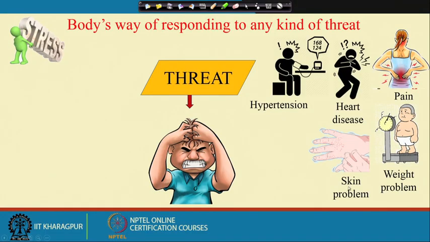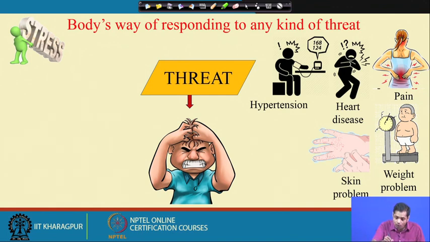But there is another response of the same human body which can be visualized. For instance, if someone is under constant threat, constant load and constant stress, then the health may deteriorate, the blood pressure may increase, the sugar level may increase, the person may experience weight problems. So these are some consequences of that threat acting on the human body, but that response can be measured, can be visualized, isn't it? This is just an example. These are some responses which can be perceived, unlike stress.